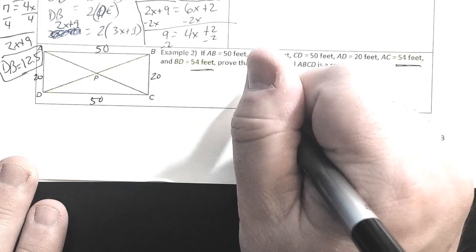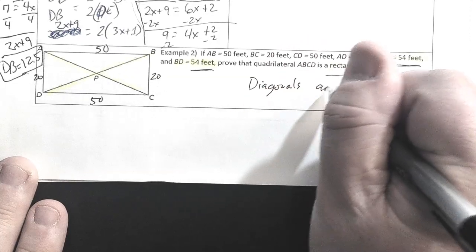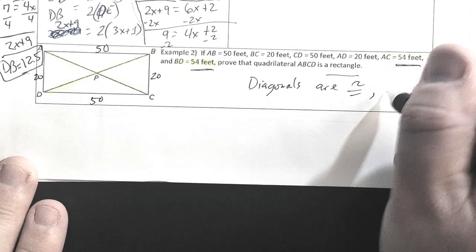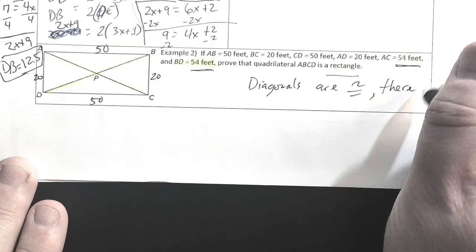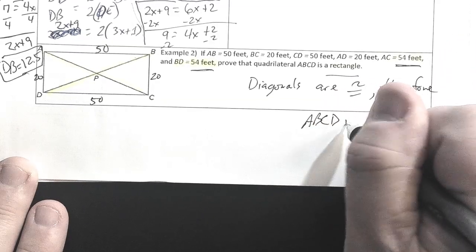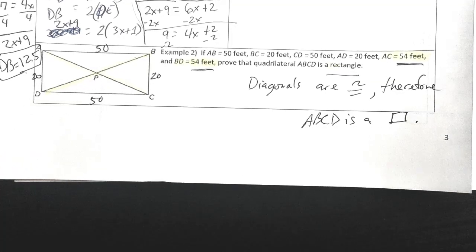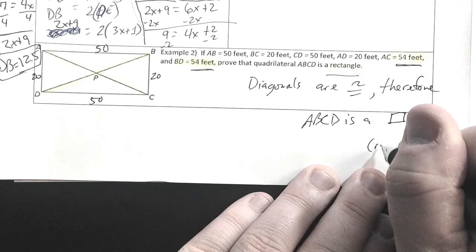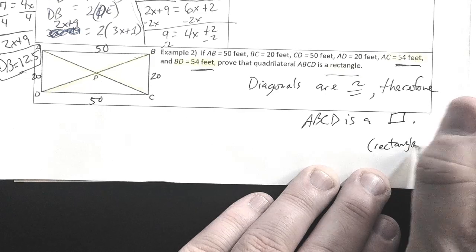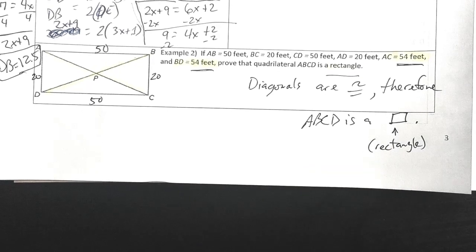And so because diagonals are congruent, therefore ABCD is a rectangle, and then you can just draw a rectangle symbol. So diagonals are congruent, therefore ABCD is a rectangle. And I'm just going to put this underneath, the rectangle symbol.